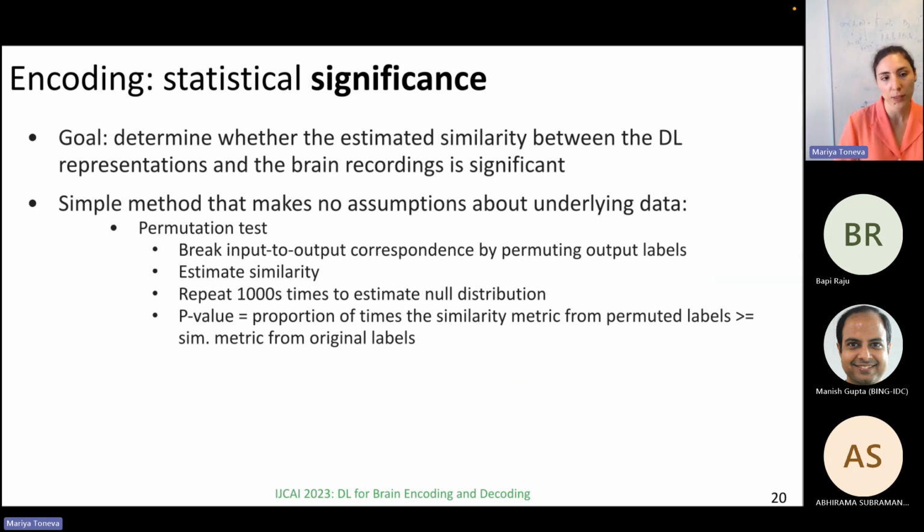And then we can estimate a p-value based on this null distribution, which corresponds to the proportion of times that the similarity metric from the permuted labels, and again we did this thousands of times, so it's how many times of those thousands of times did we get a higher score of similarity than the original similarity score from the original unpermuted labels. So this in fact corresponds directly to a p-value.